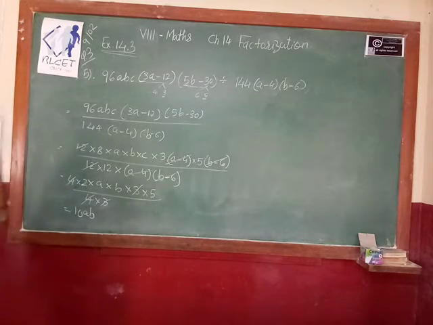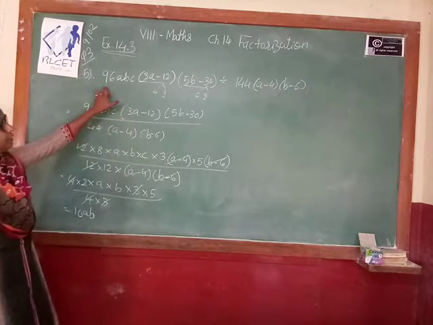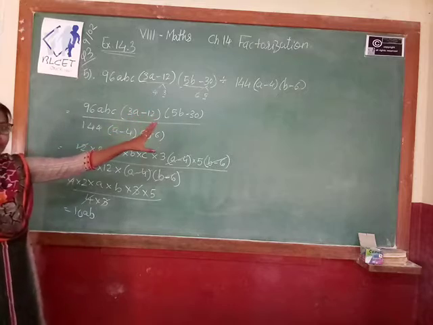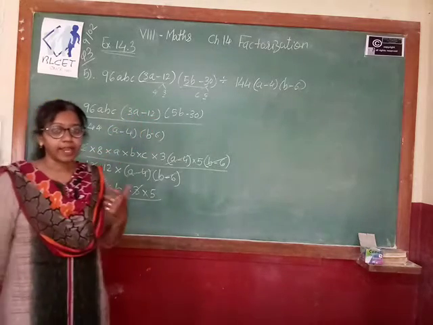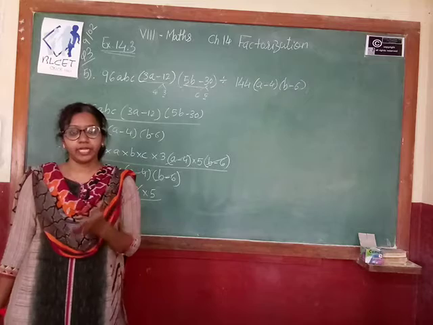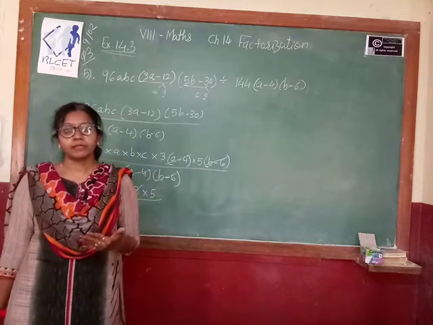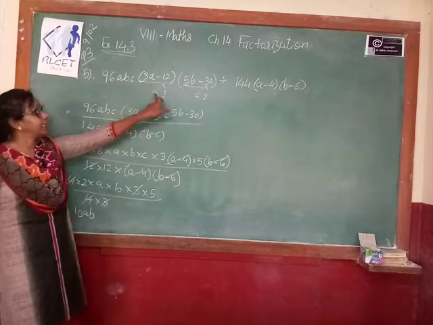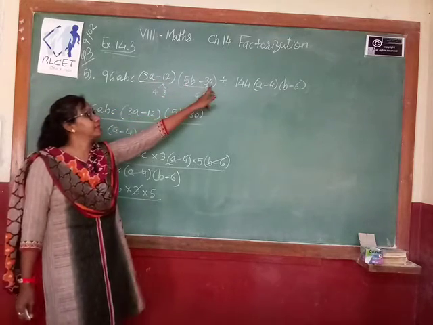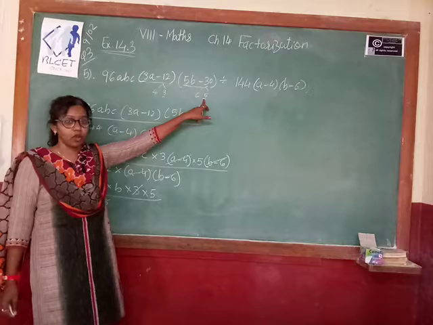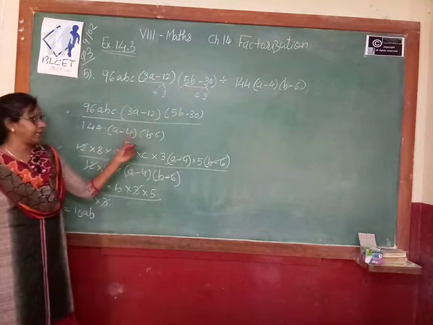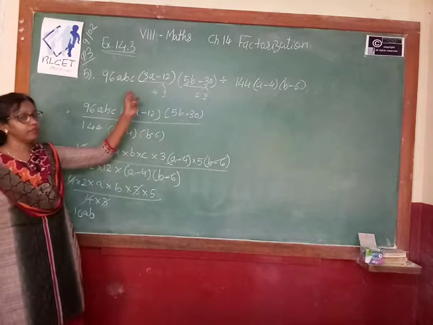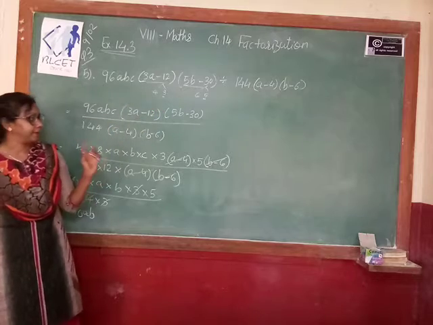Again I am repeating the whole question. You can observe the denominators and try to make the factors of numerator in such a way that we are cancelling the maximum factors. So we know that in 3a minus 12 we can take 3 as a common, in 5b minus 30 we can take 5 as a common, so that we are getting this (a minus 4)(b minus 6) as the factors of part of numerator.